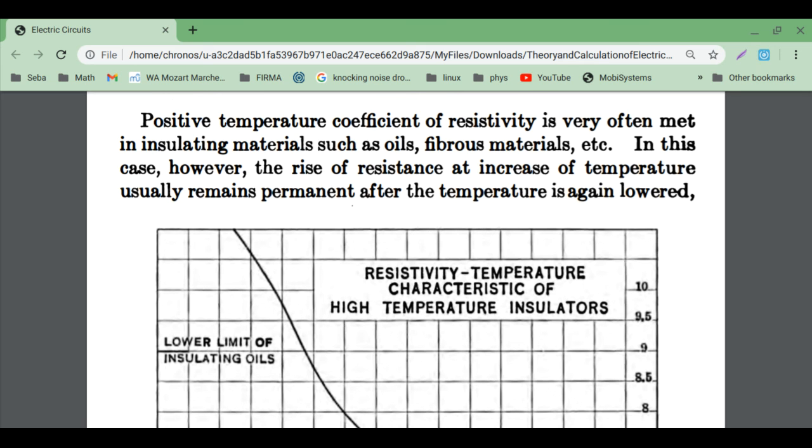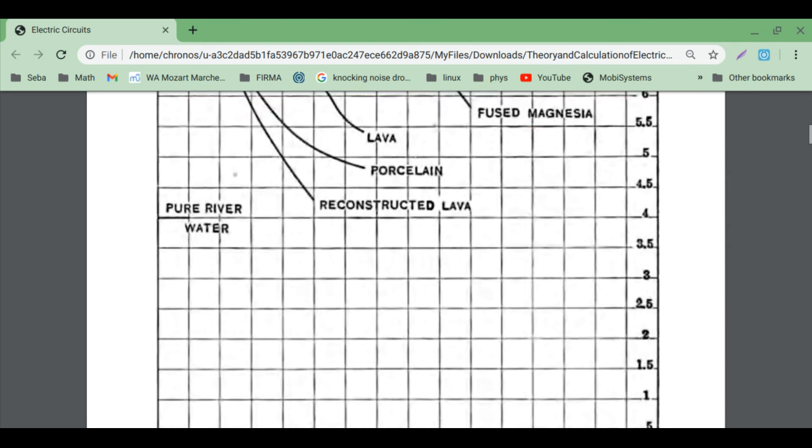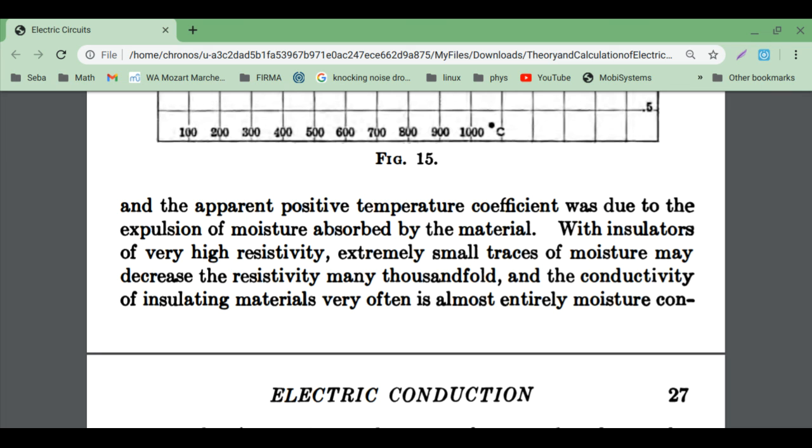In this case, however, the rise of resistance at increase of temperature usually remains permanent after the temperature is again lowered. And the apparent positive temperature coefficient was due to the expulsion of moisture absorbed by the material.